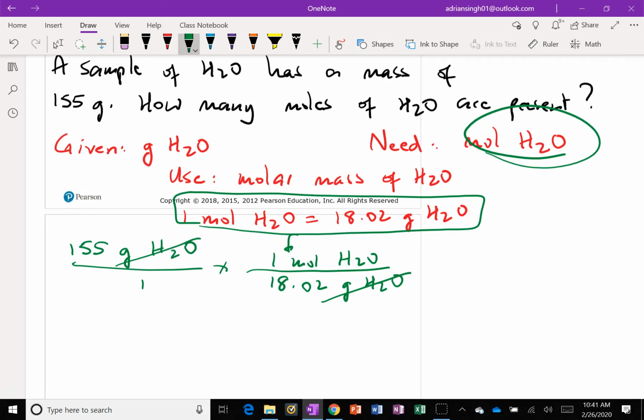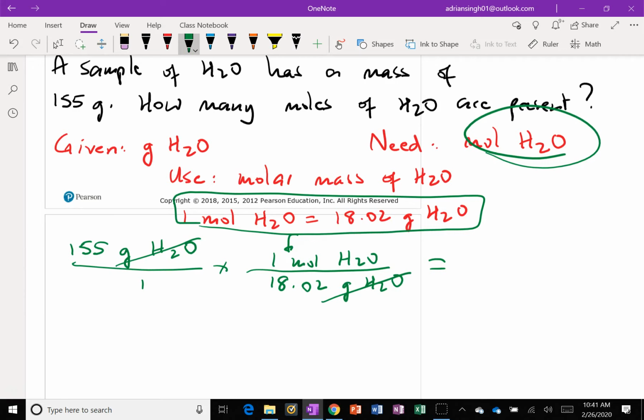All right, so here we can see the units make sense. We end up with 1 unit, which is moles, on top. There's nothing else. That's what we wanted to get to, right? So my setup makes sense. All that's left to do would be to crunch those numbers using your calculator, which should be the easiest part of the problem.